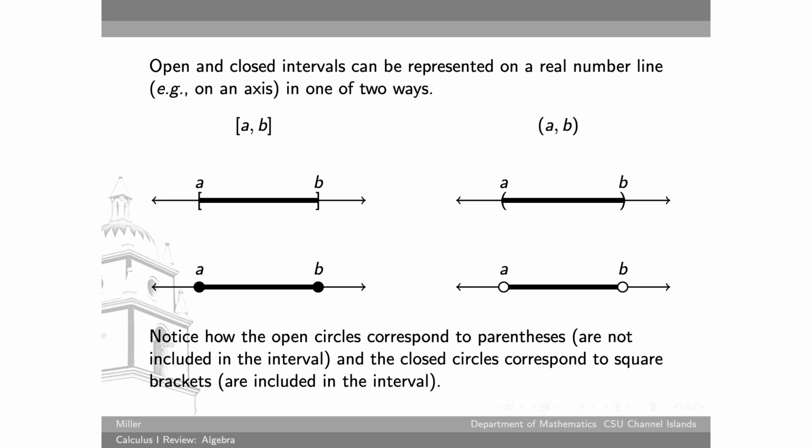On the bottom, on the left, for the closed interval, the endpoints are represented by filled-in circles. And on the right, for the open interval, the endpoints are represented as open circles. Notice how the open circles correspond to parentheses, where the endpoints are not included in the intervals, and the closed circles correspond to square brackets, where the endpoints are included in the intervals.